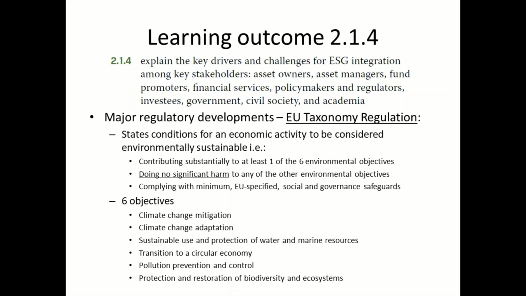But the one that does better in a few objectives is also going to have a highly adverse impact on one of the other environmental objectives. So given that it fails the so-called do no significant harm condition, even though it is doing better in other objectives, it will still not be considered environmentally sustainable.